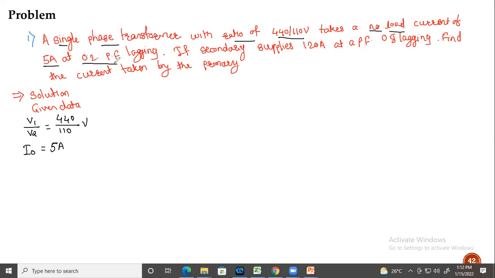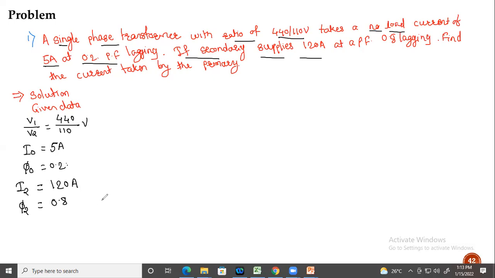At a no load power factor of cos phi 0 equal to 0.2 lagging. Now, if the secondary supplies 120 ampere current, that means the secondary current I2 is equal to 120 ampere, having a power factor cos phi 2 equal to 0.8.